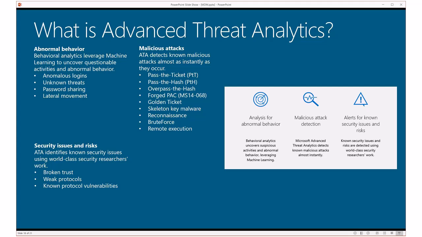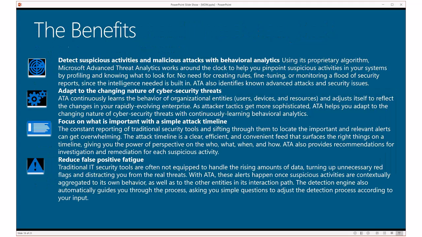Why is it still running? If it is running, was it initiated the proper way? It's running for too long. No one has ever started it in this fashion before. This is a red flag. So that's the major difference if we're talking about what is an antivirus versus advanced threat analysis.